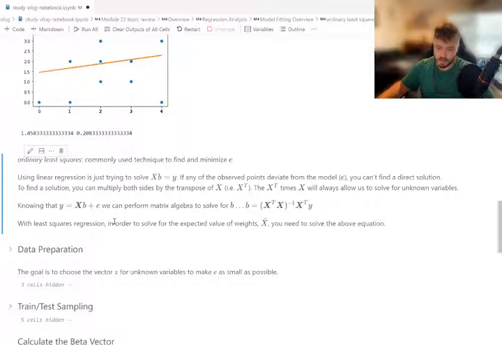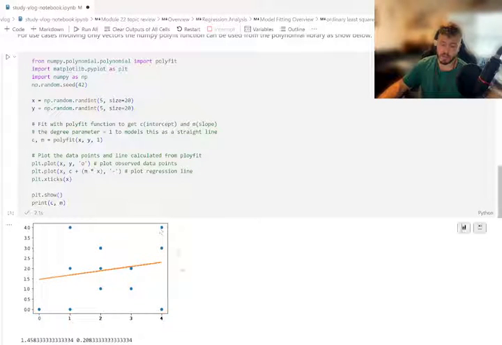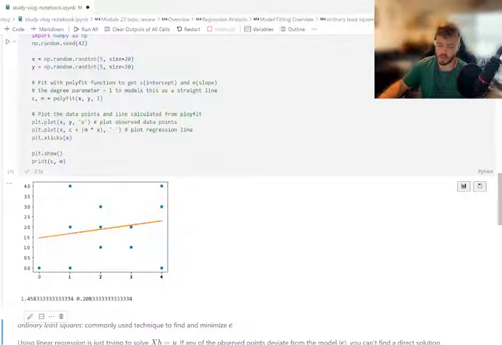But like I said, the big limitation is that it only works with vector inputs, not necessarily matrices, which might be useful for some use cases. You can see here we have some random data generated, and the data is completely random, so of course there's not a real relationship to be found here.